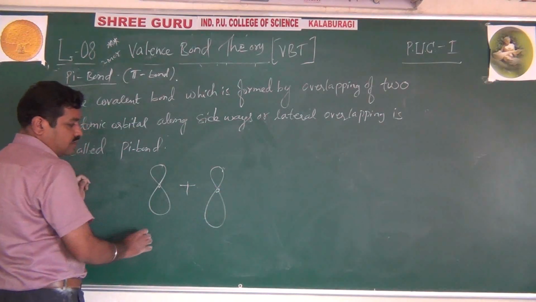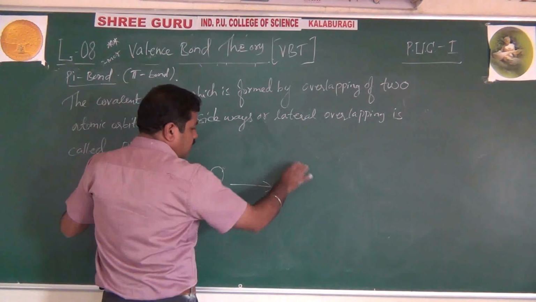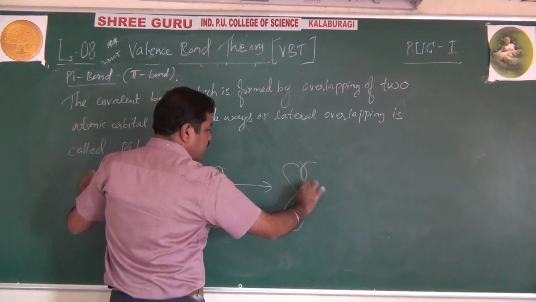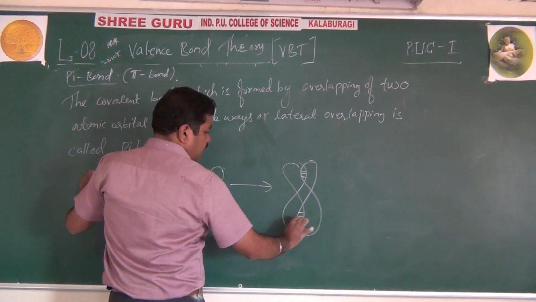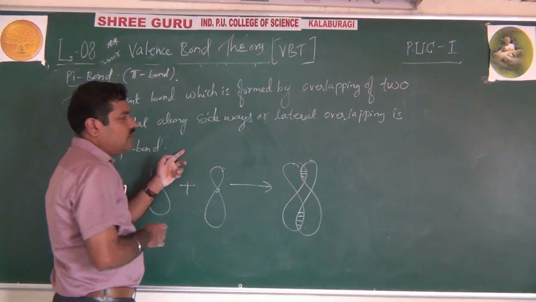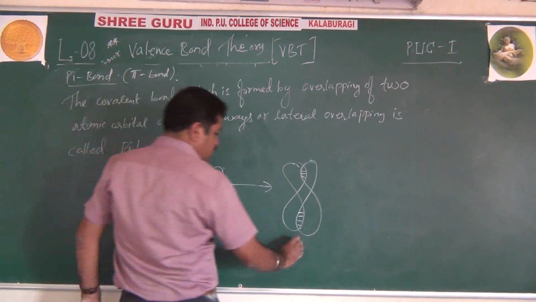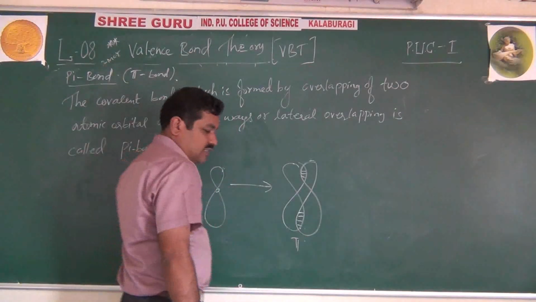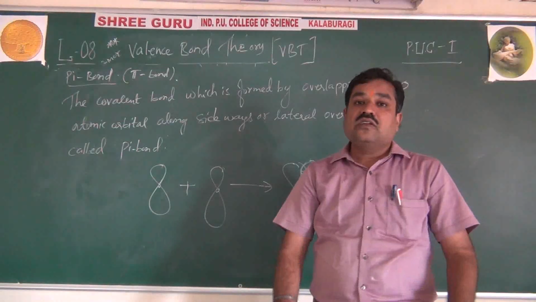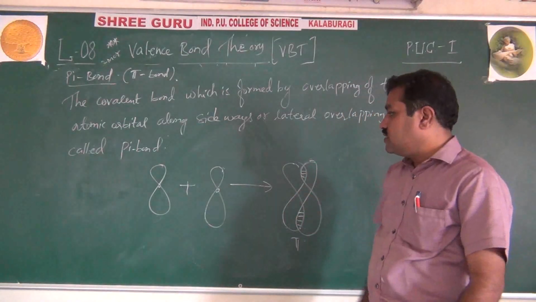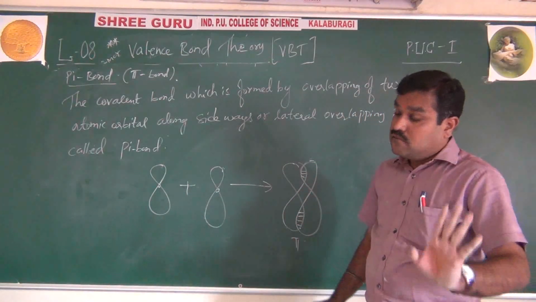That is important. Then only they will overlap sideways. This is sideways overlapping or lateral overlapping. That leads to what? Pi bond. First condition, they should be perpendicular, not horizontal or along the internuclear axis. Remember, this is to be important.